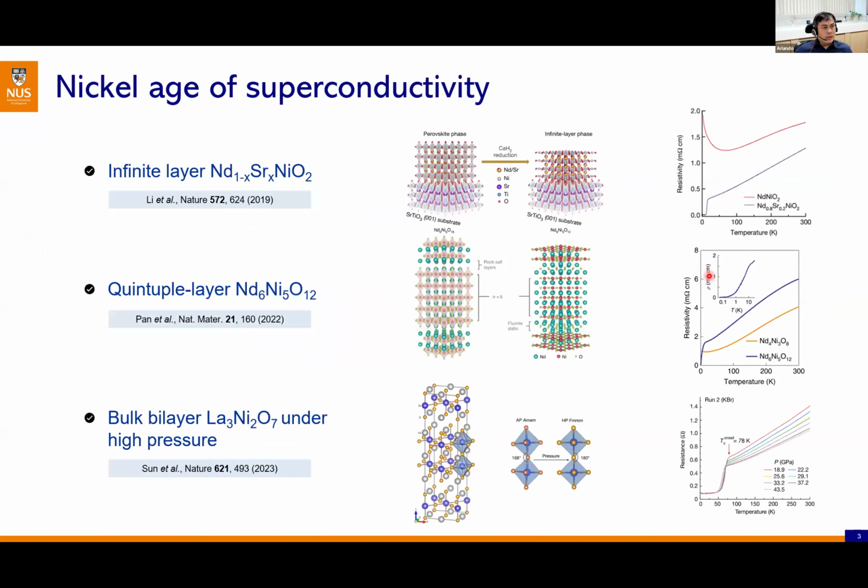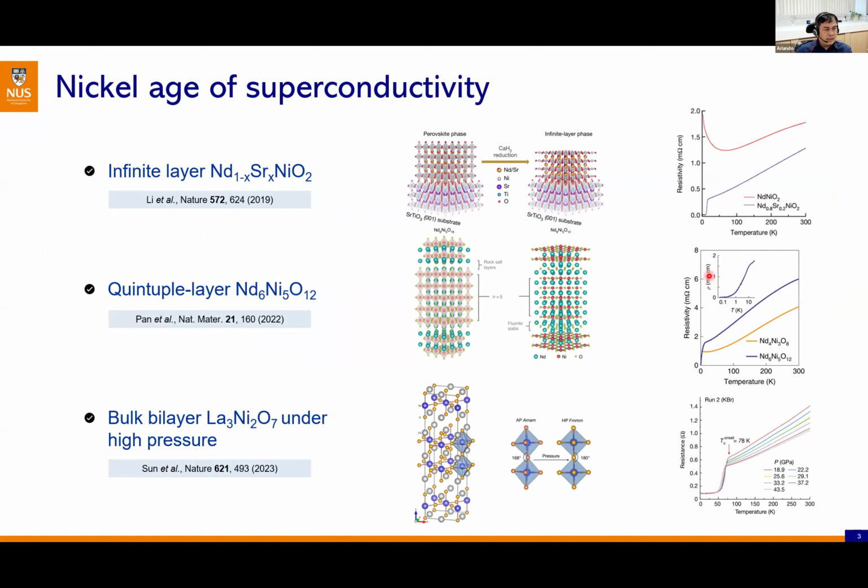So at least now we have seen 3 different families. The infinite layer, the kind of well-established one, because we have different types that I can briefly show later on, and the 5 layer one was also shown to be superconducting in 2022.